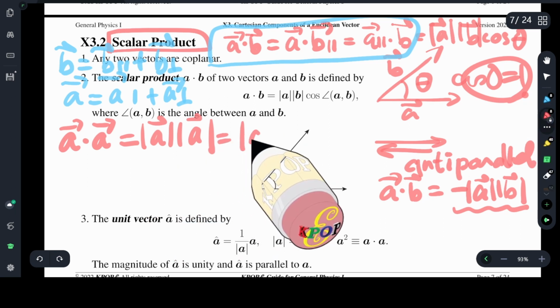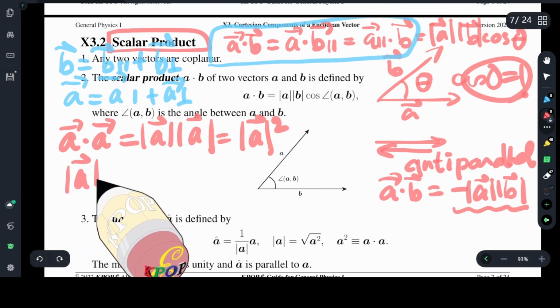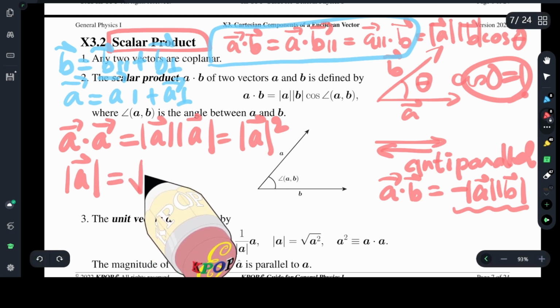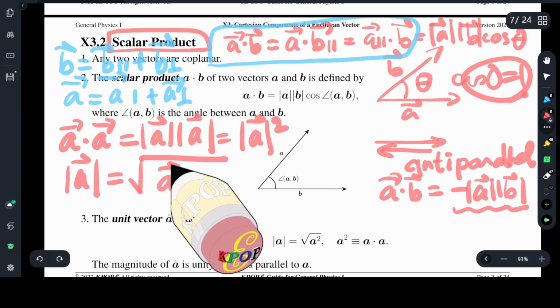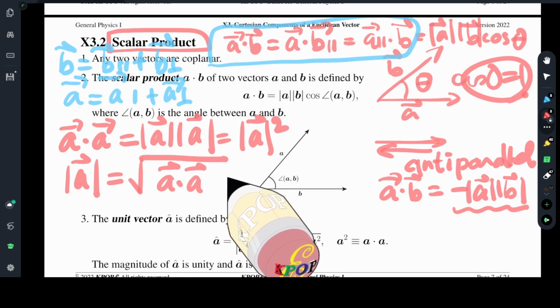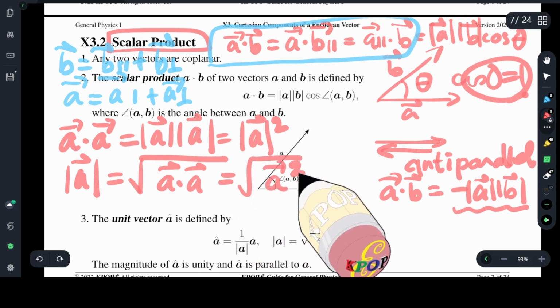So it is the absolute value of A squared. Hence, the magnitude of a vector can be expressed as the positive root of A dot A. For simplicity, we write A dot A as A vector squared.